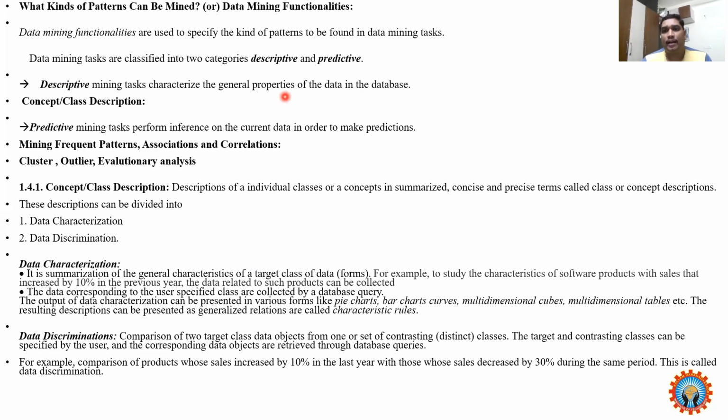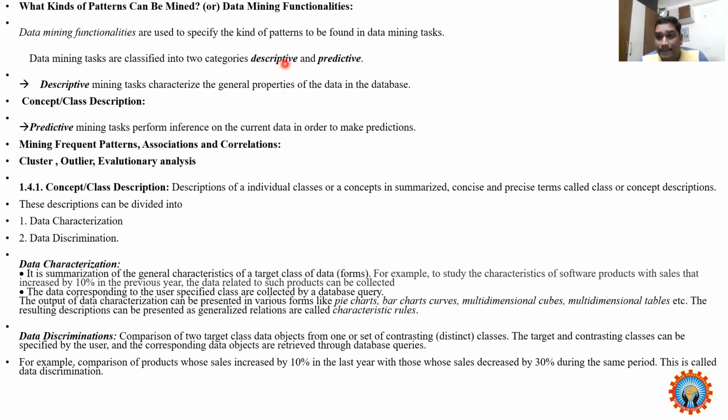If I say a fruit with peel-off properties, it is either an orange or a banana. Otherwise, if I ask what fruits you get in summer, you immediately say mango. With particular properties you are characterizing the data, and that is called descriptive.